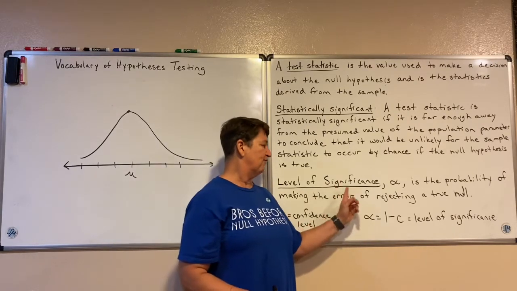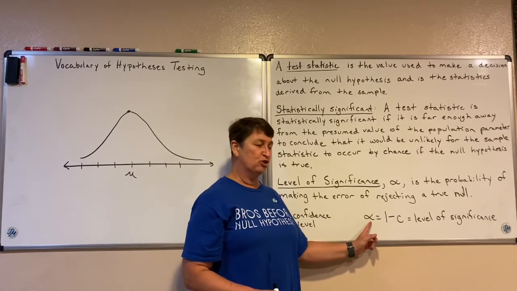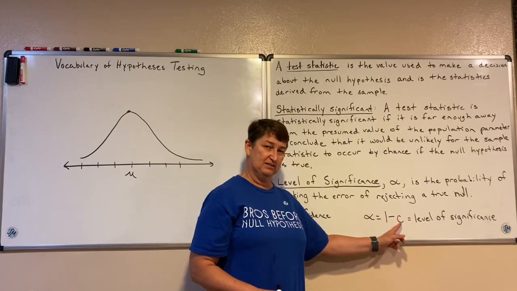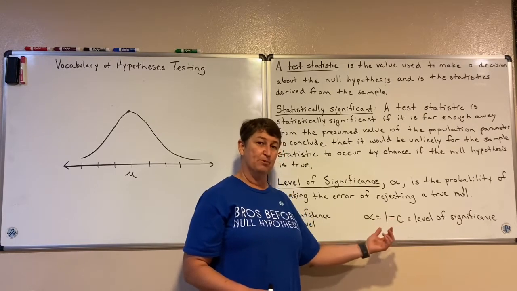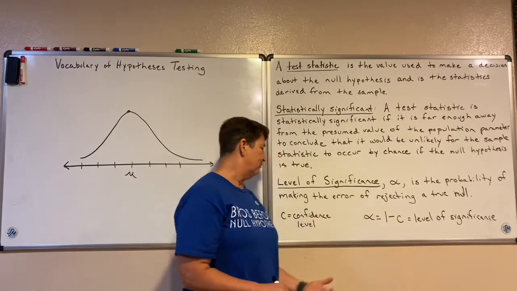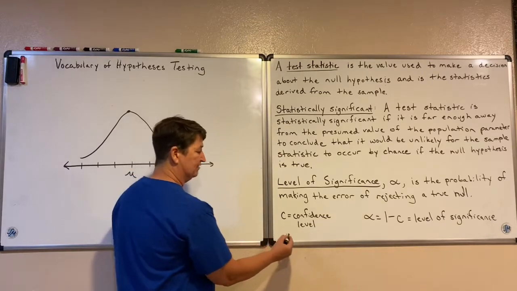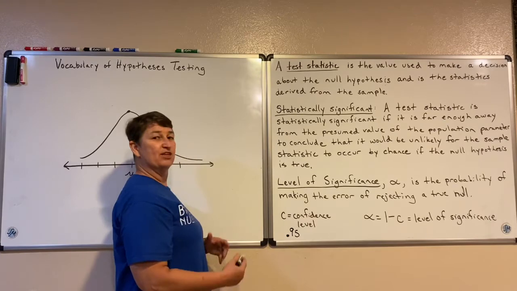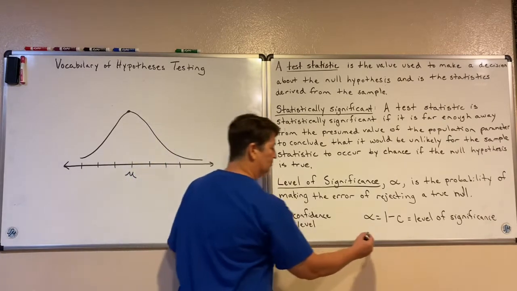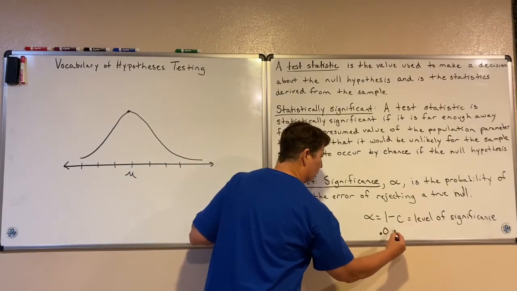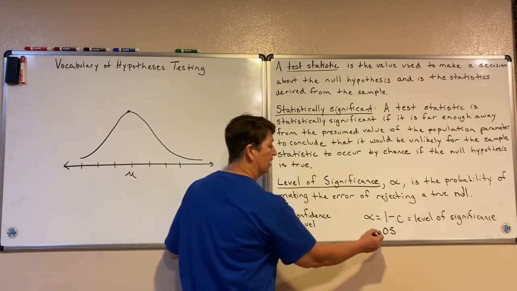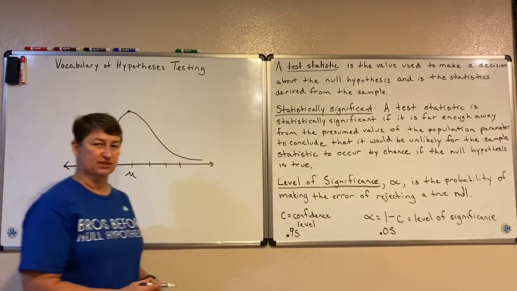Well, with our level of significance, we're going to use alpha, and it's just 1 minus C, or you can think of it as the complement of C. So if my confidence level is 95% or 0.95, then my level of significance would be 0.05. It would be 1 minus that 0.95. And that is your level of significance.